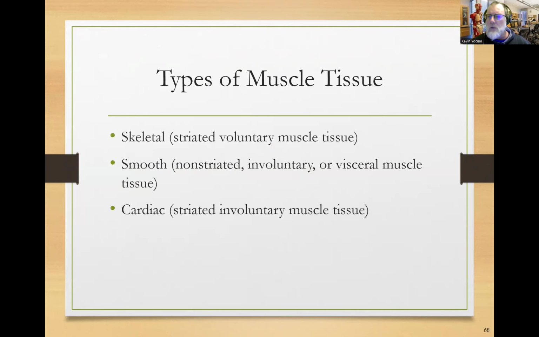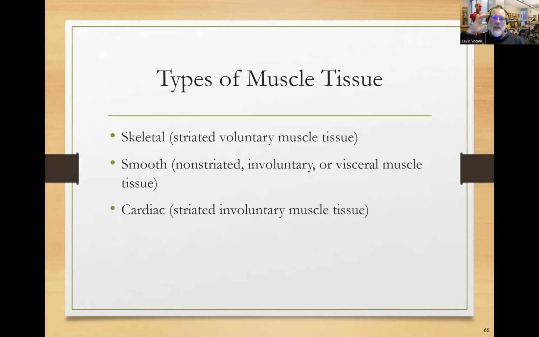So next up, we did epithelium and connective. Now on to the third tissue type, which is muscle. Muscle tissue is either going to be skeletal, smooth, or cardiac. If it's skeletal, it's going to be under voluntary control and have stripes. Smooth has no stripes and you don't control it.